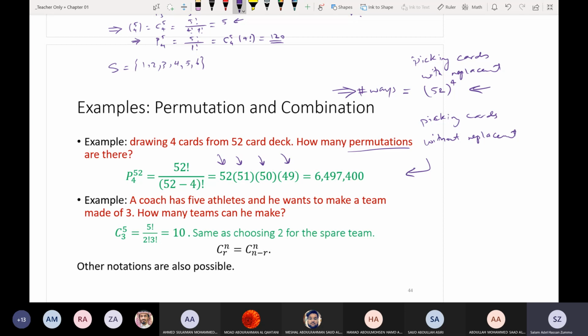Like when I have combined experiments and I have a large number of sets that I have to deal with, I need to go to what we call counting principles, which are permutations and combinations, in order to find the probabilities. So now the probability of picking 4 random cards out of 52 cards with replacement equals 1 over 52 to the power 4.